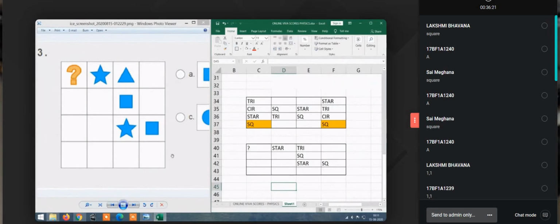So if you do the difficult way, you can see there are three symbols. You look at this one and take the fourth one as circle. So we'll take this as circle. Now, you can see there are two stars.